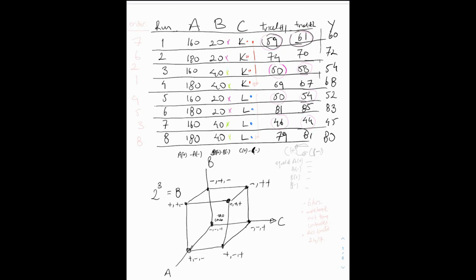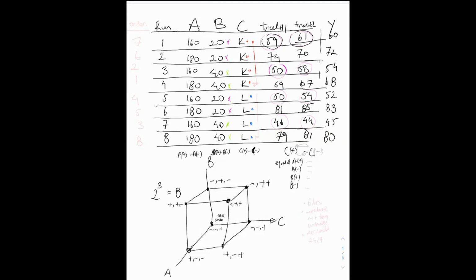So in other words, when we look at C plus, I'm going to write it into this right corner here. When we have a C plus, we have an equal number of A pluses, A minuses, B pluses, and B minuses, so that means you are only measuring the effect of C when it's plus on average.